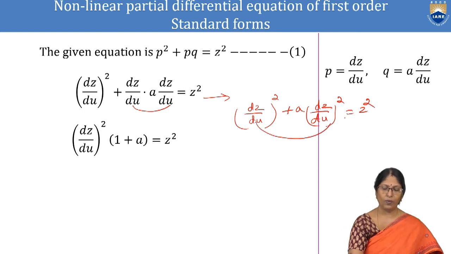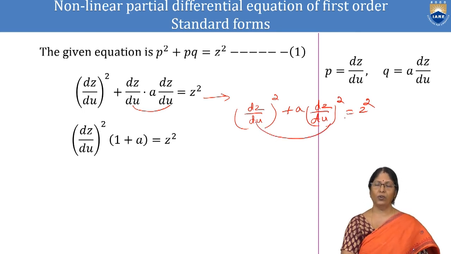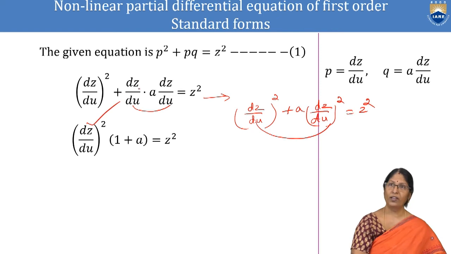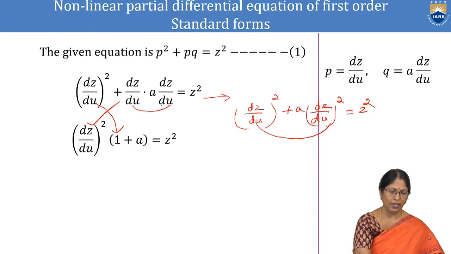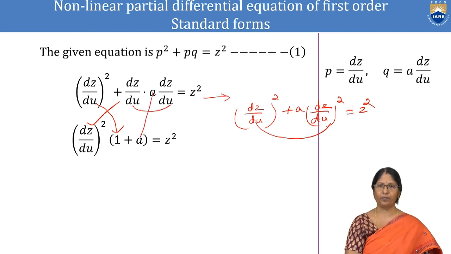In this, (dz/du)² is common, we have taken it out. The balance is 1 plus a, equal to z².